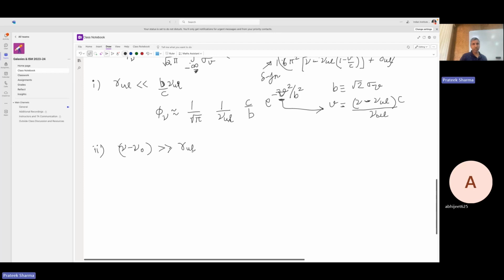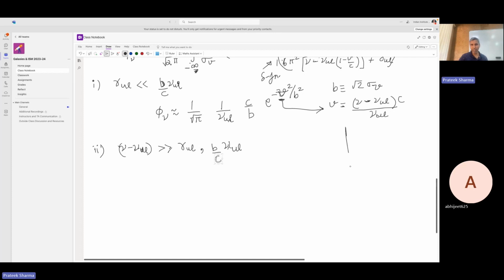But also your thermal velocities, B by C times nu UL.